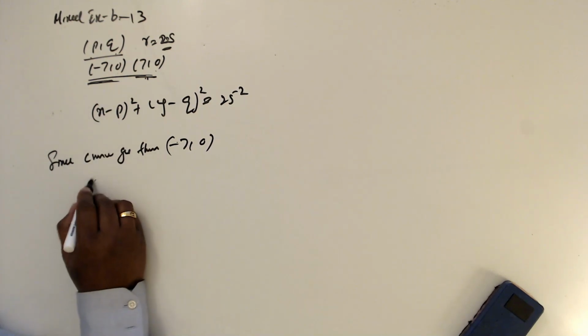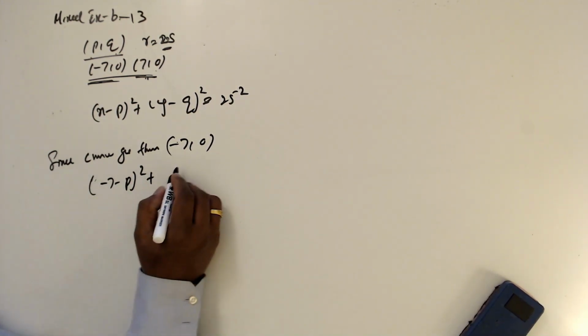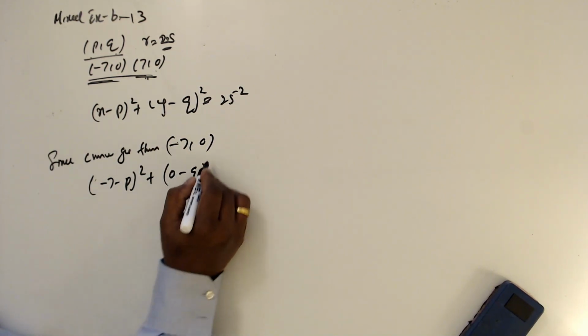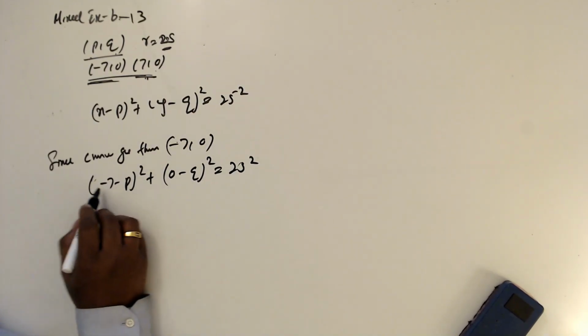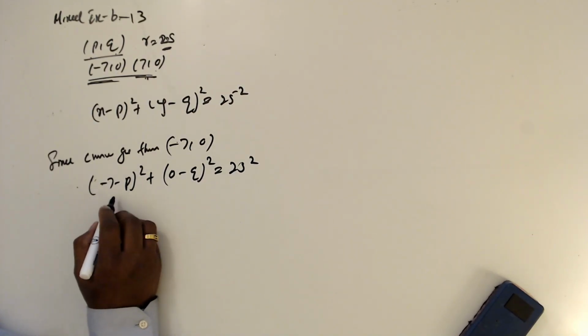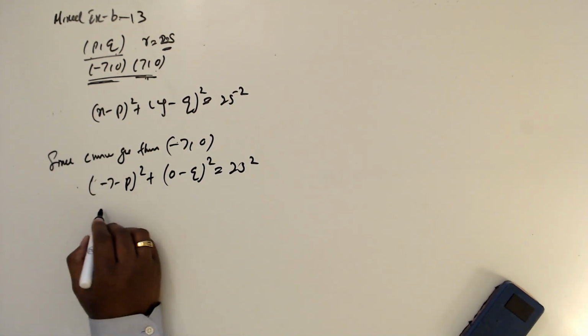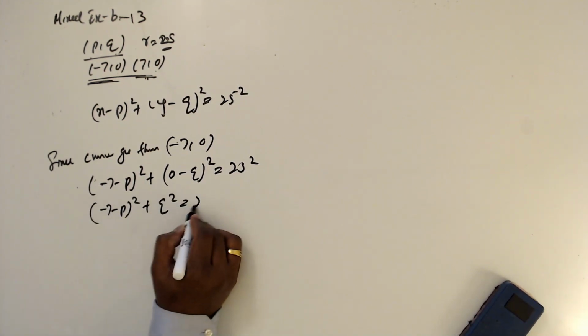So I'll substitute the x value: (minus 7 minus p) squared plus (0 minus q) squared equals 25 squared. I'll keep it as it is: (minus 7 minus p) squared plus q squared equals 25 squared.